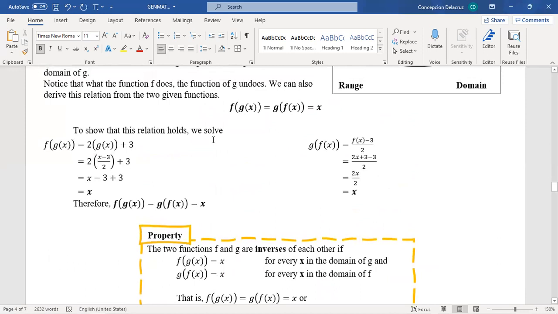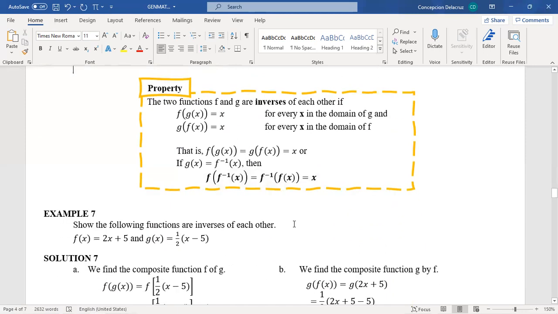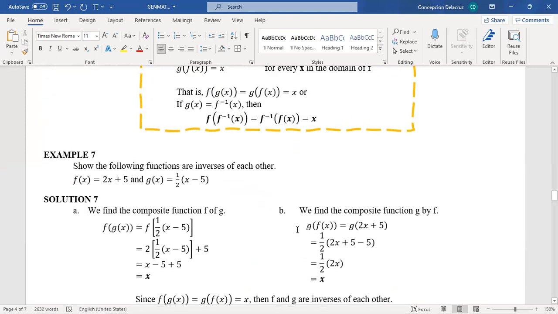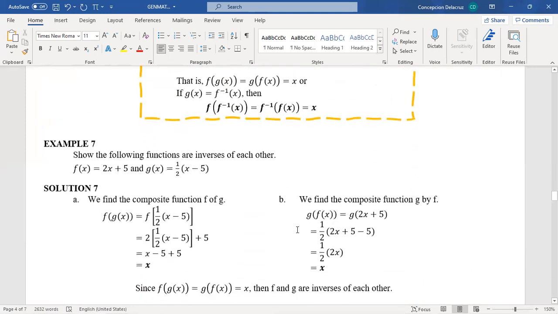Don't get confused. When you solve and both equal x, they are inverses of each other. All you just need to do is solve for their composition of functions.